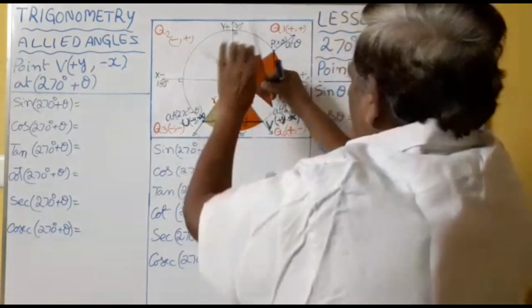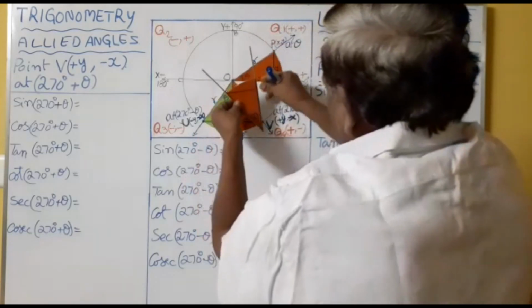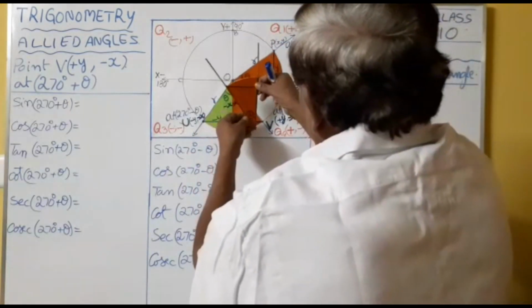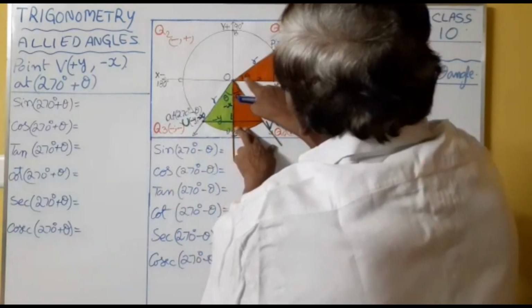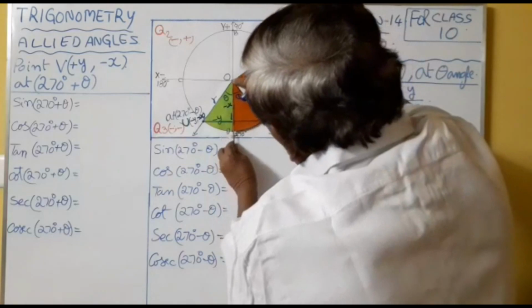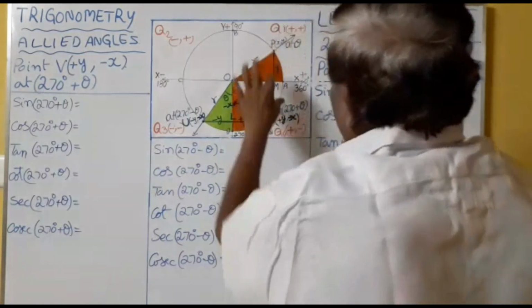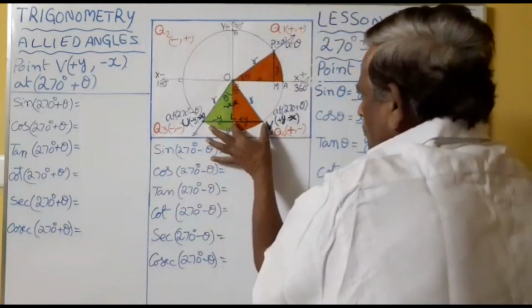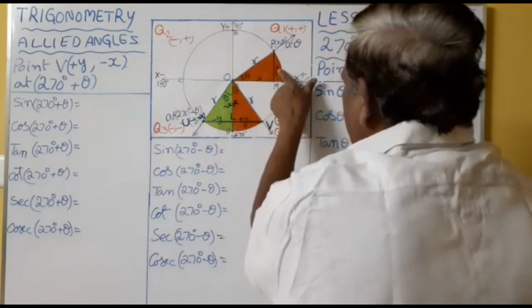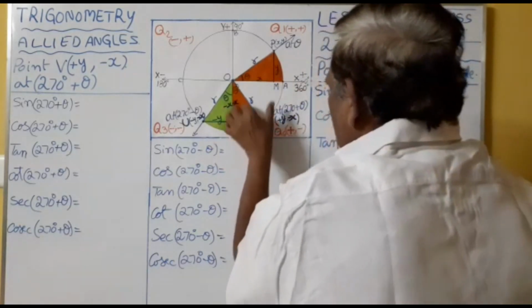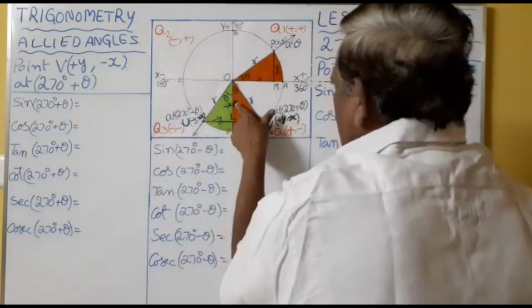Like that, the horizontal distance O to M after rotation becomes O to L, this distance. Therefore PM equals LV. Since this is y, this is also y. OM equals OL. Since this is x, this is also x.